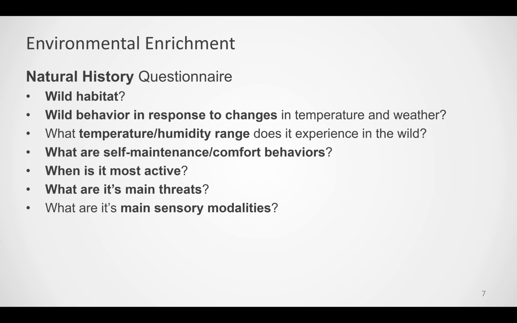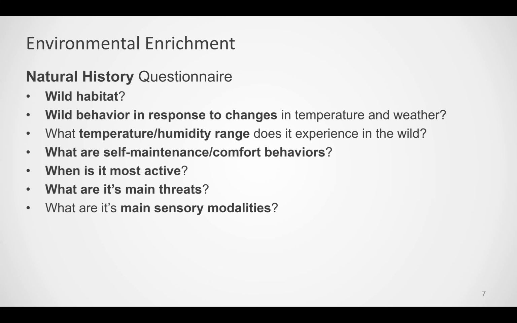Does this animal hibernate? Is it subterranean? Is it terrestrial? Or is it arboreal? What temperature and humidity range does it experience in the wild? And then how does it modify that so it can stay within its thermoneutral zone?